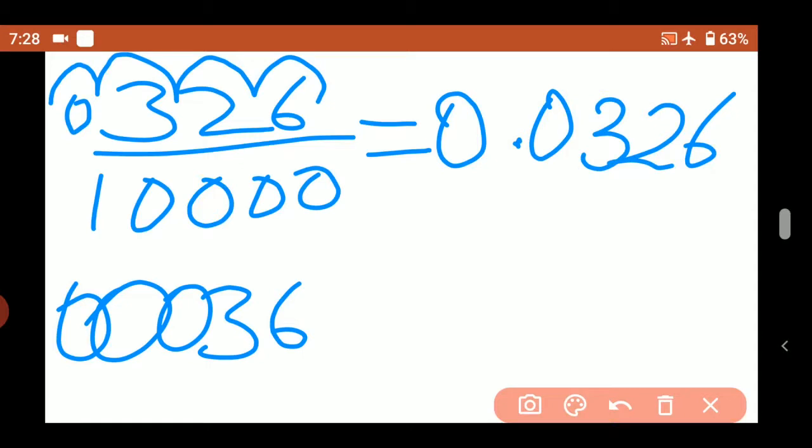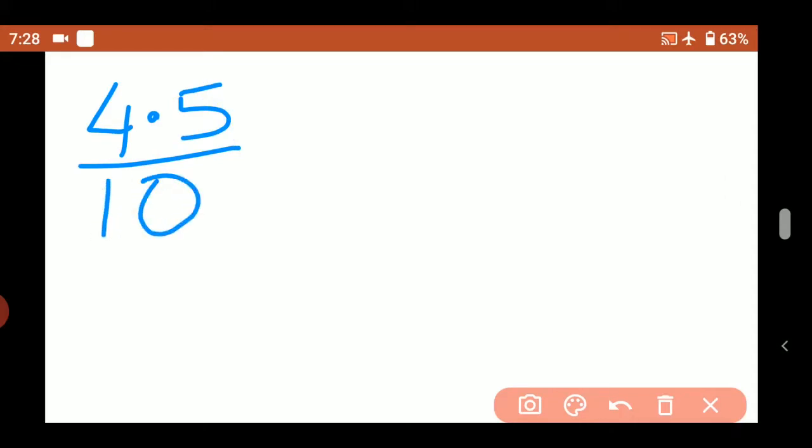I hope you are understanding. Let us see what if there is already a decimal point. Say 4.5 divided by 10. Now here you already have a decimal point. So that makes your work easier, isn't it?